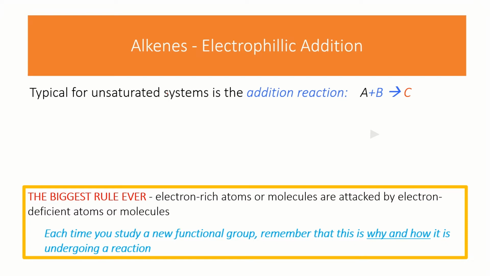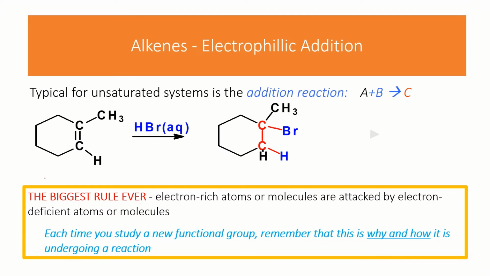Mind yourself that the addition reaction is when two reactants come together to form one. In this case, we've added hydrogen bromide to the alkene.